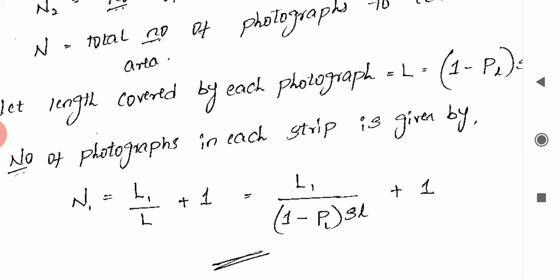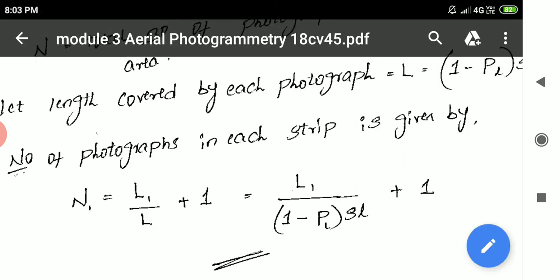Let L1 equal the dimension of the area parallel to the direction of flight, and L2 the dimension of the area normal to the direction of flight. N1 is the number of photographs in each strip, N2 is the number of strips required, and capital N is the total number of photographs to cover the whole area.